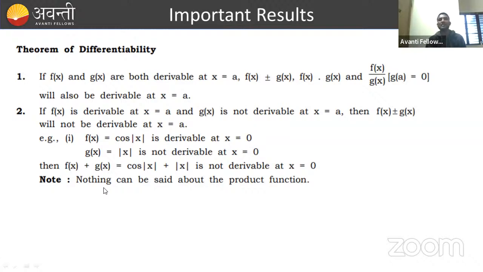But we can't say anything about product and division. It can be differentiable also, or not differentiable. But for sum and difference, if one function is differentiable and the other is not, then the sum or difference will always be not differentiable. So just remember these points. It will help you in solving questions quickly.